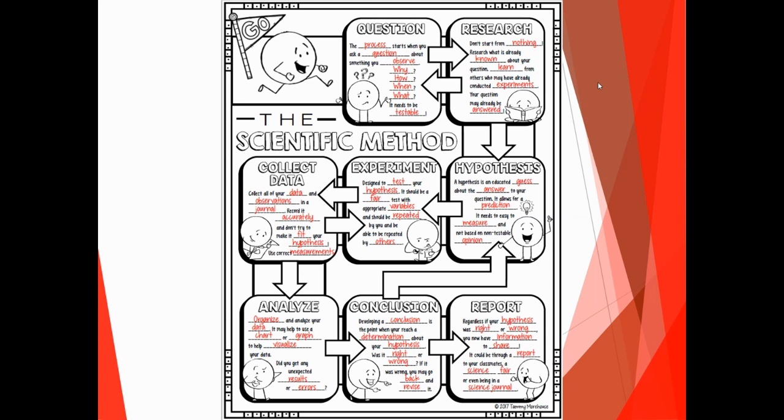So when an experiment is designed to test your hypothesis, it should be a fair test with appropriate variables and should be repeated by you and be able to be repeated by others. You've probably heard quite a bit about some scientific evidence while we've been facing the pandemic in the spring of 2020 and summer of 2020, and first pieces of information were coming about certain medicines that were working in certain cases, and then other researchers couldn't reproduce it, or a vaccine that looked like it had promise, but it didn't have good reproducibility.